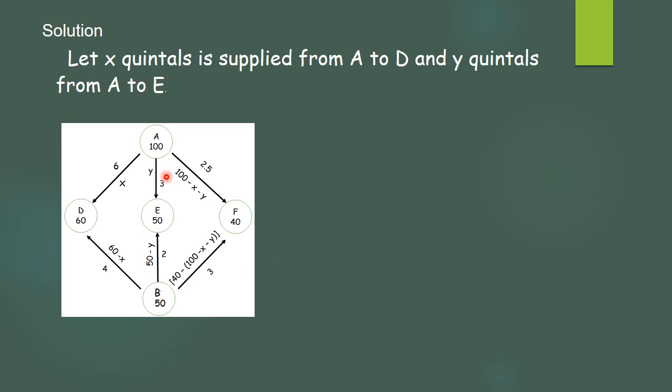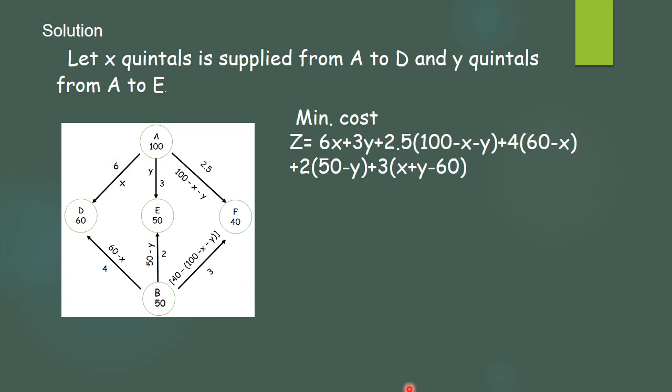Now what is required is the cost. What is the cost here? That is the cost given, 6 per quintal. How much have we supplied? X. So what will be its cost? That will be 6x. So now we'll try to write the function. We require the minimum cost, and that z will be here 6x.